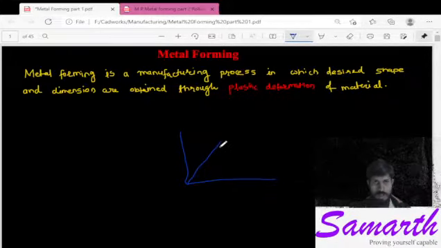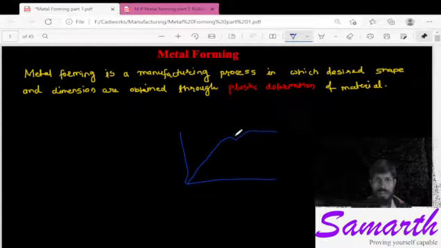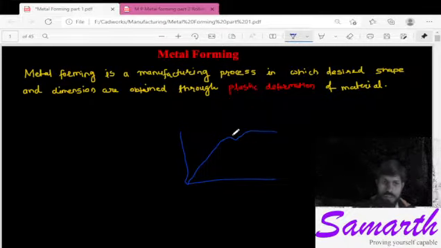steel. This portion from the origin to this point is the elastic portion, and the deformation in this region is called the elastic deformation. After that you will see another shape like this. Here there will be an elastic point.